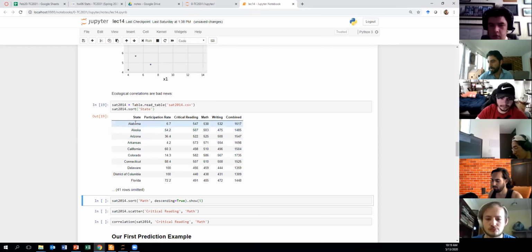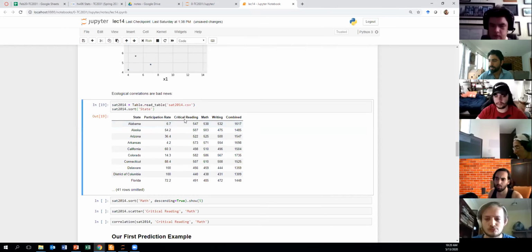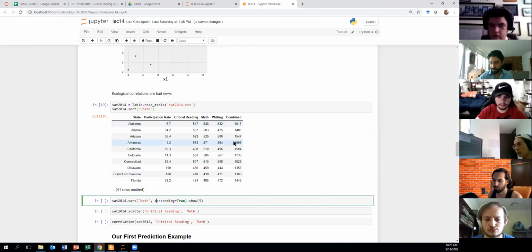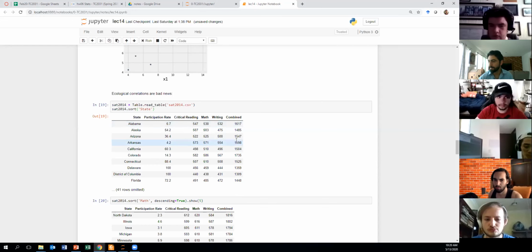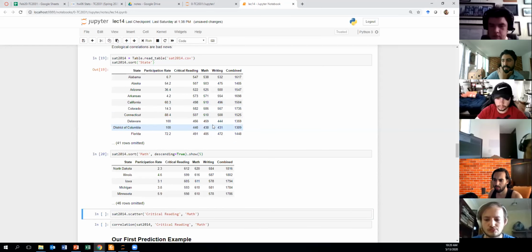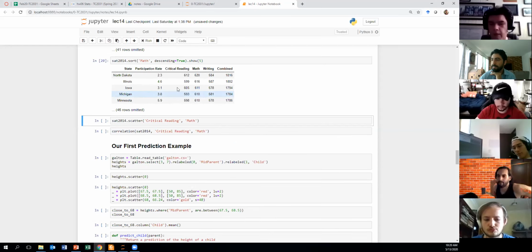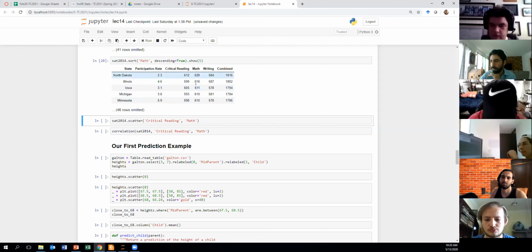You have all the states with their participation rate and the average grade for critical reading, math, writing, and combined. If I order this by math to see which states are doing better in math, I get this data. We can see North Dakota, Illinois, Iowa, Michigan are the top 4.